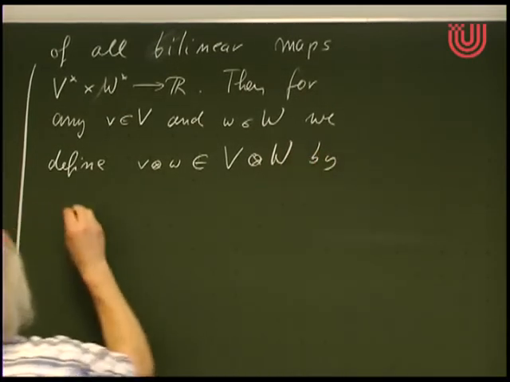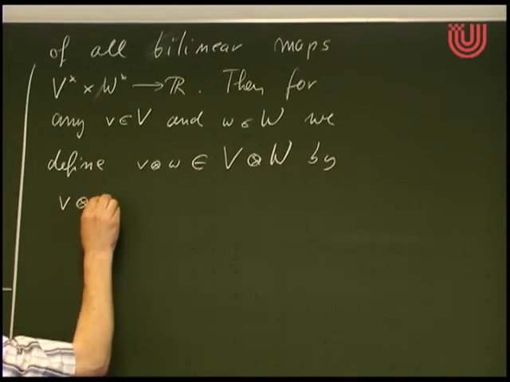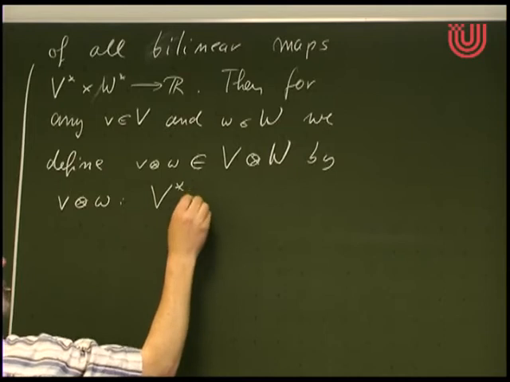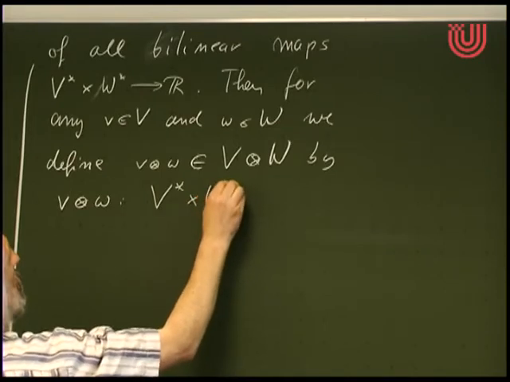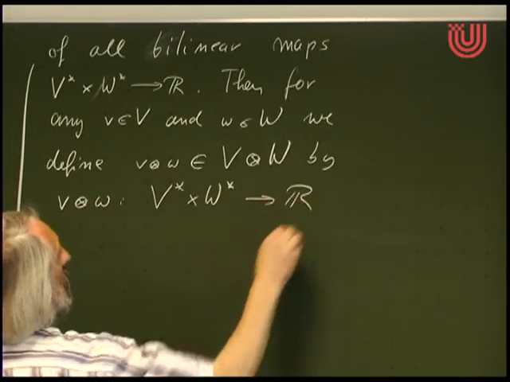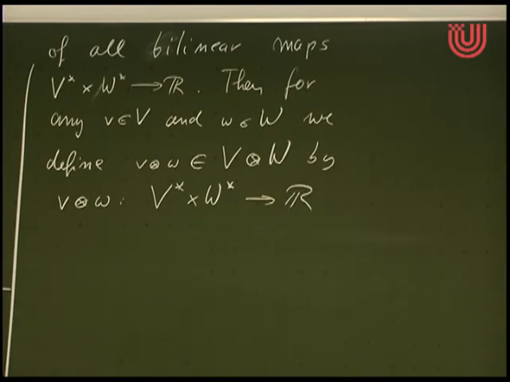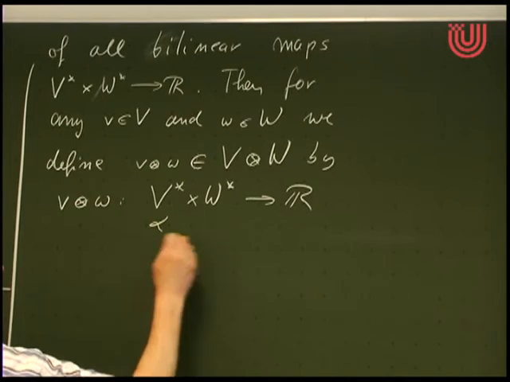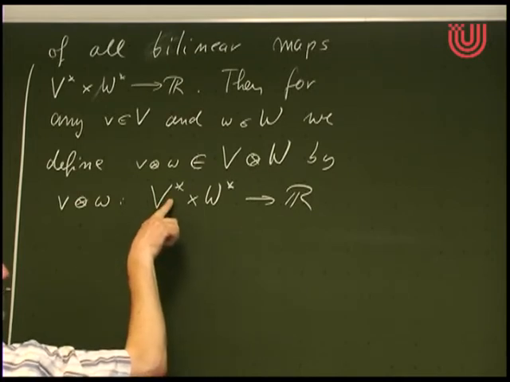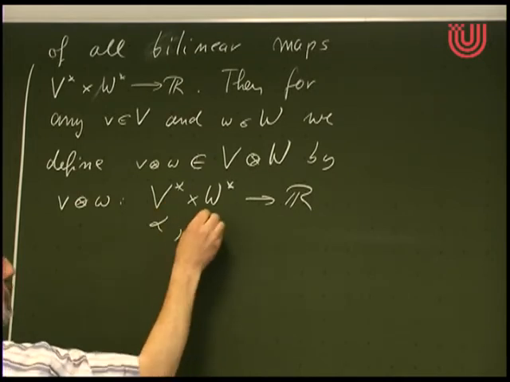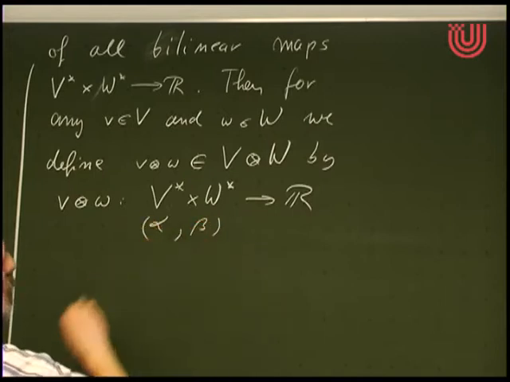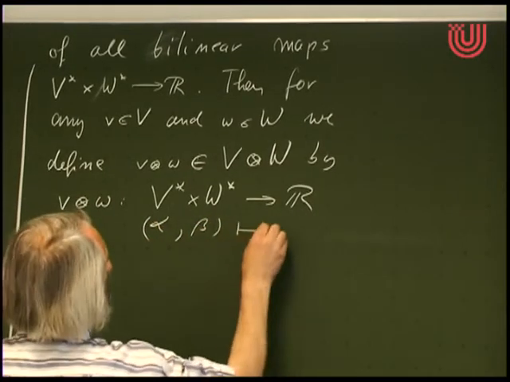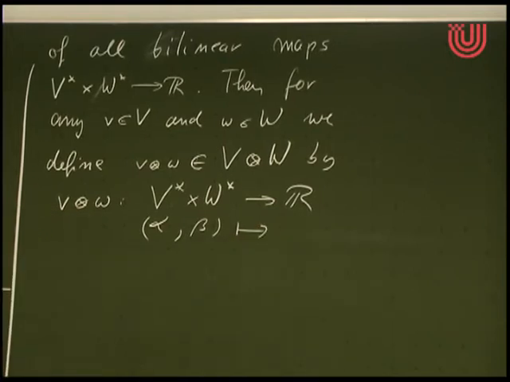So it should do what? It should be a map of this sort. So if you give me a one form alpha from the dual space of V, and a one form beta from the dual space of W, then it should give you a real number. Well, that's easy.